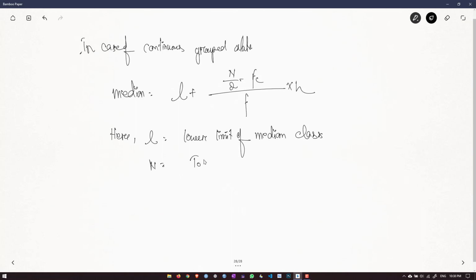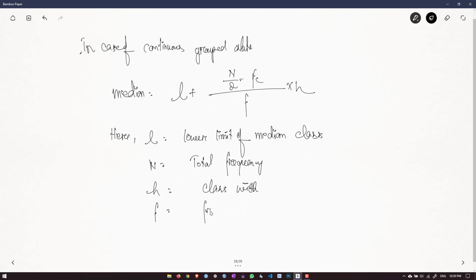N is total frequency, H is class width, right?